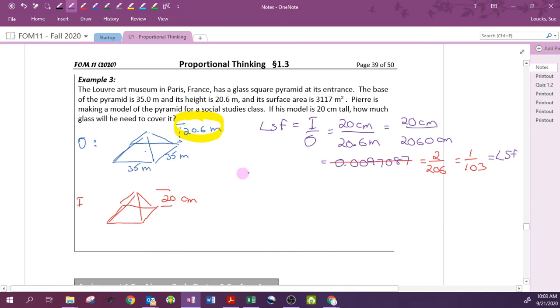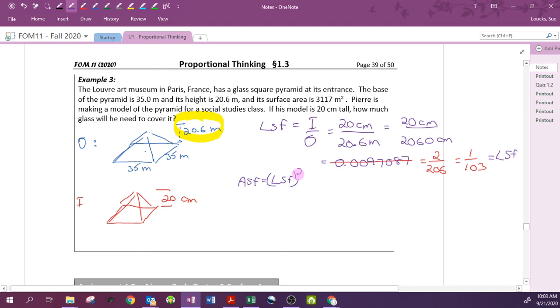Are we still here? All right. I'm looking for the area of glass, so I need the area scale factor, which is the linear scale factor squared.